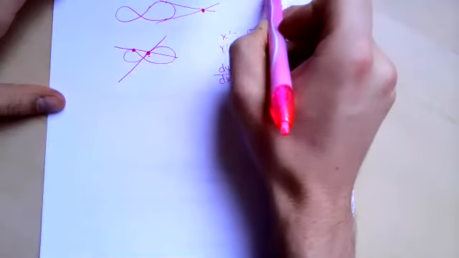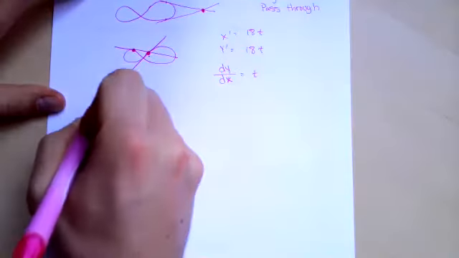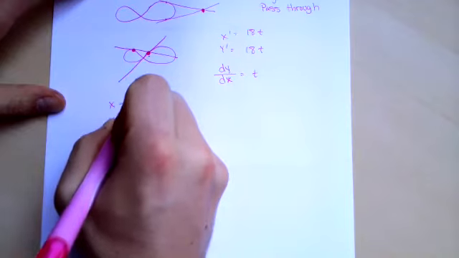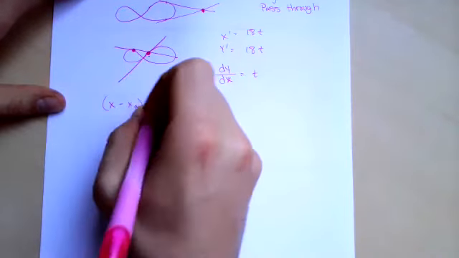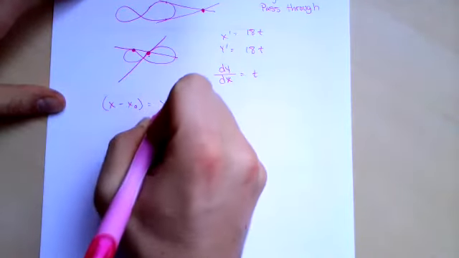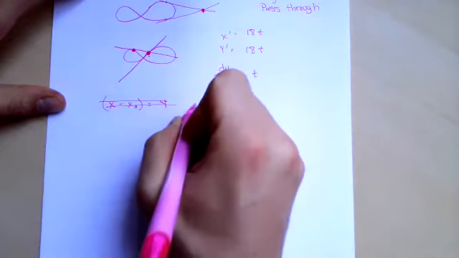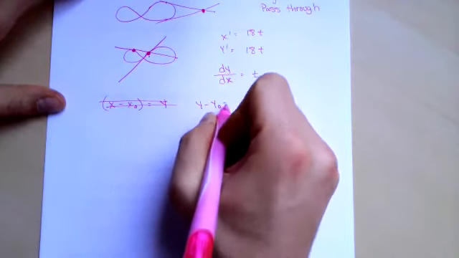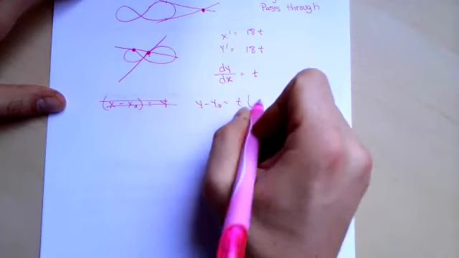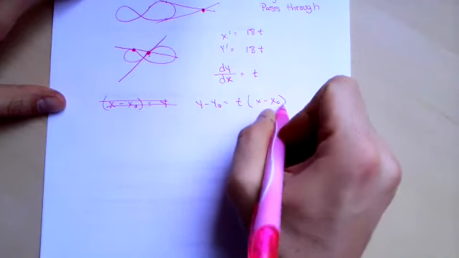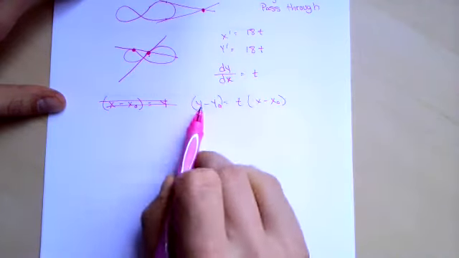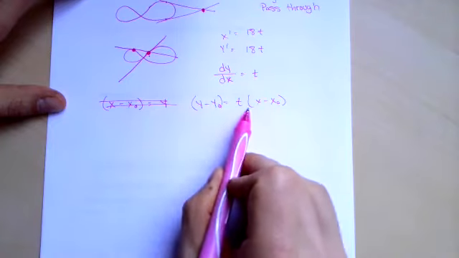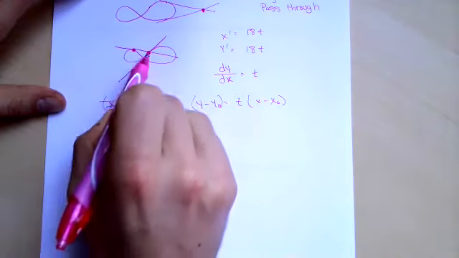What do these tangent lines have to satisfy? It's just the point slope form. I'm writing that backwards. y minus y naught equals t, our slope, times x minus x naught. And this will hold for any points we choose on the curve.